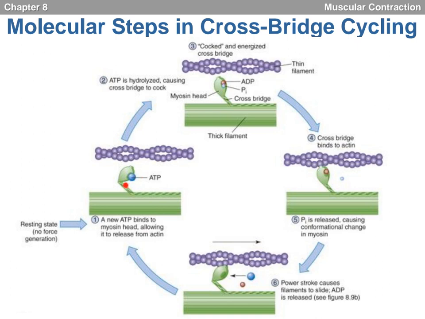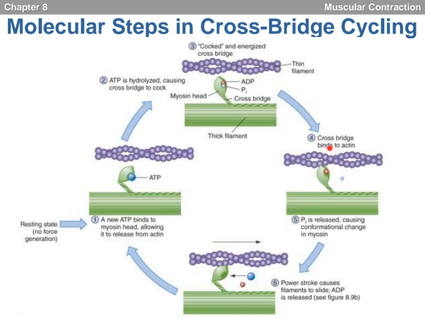Then the myosin head becomes cocked. ATP is hydrolyzed, which is the relaxed state, and then causes the cross bridge to become cocked. So it's in an energized state.